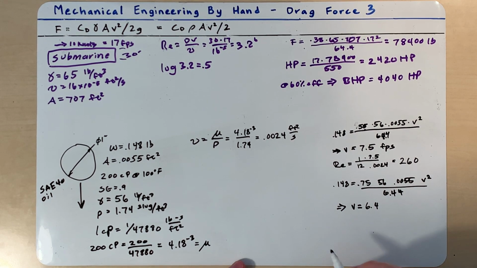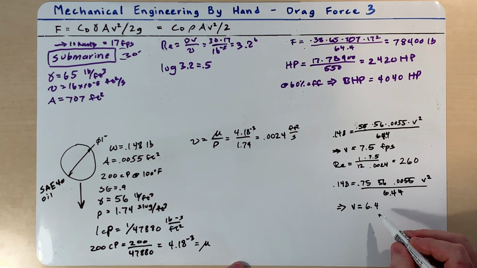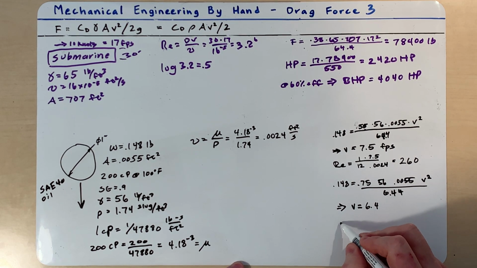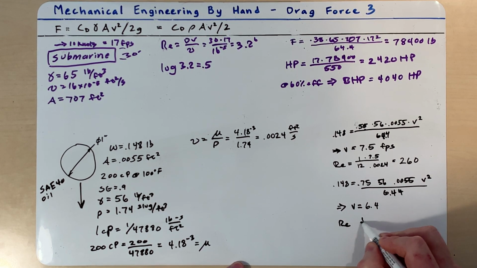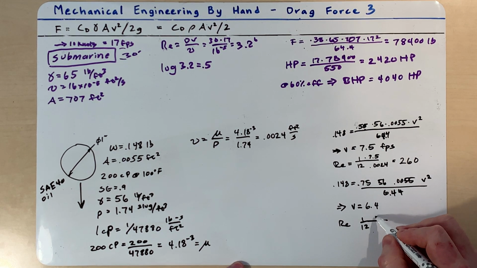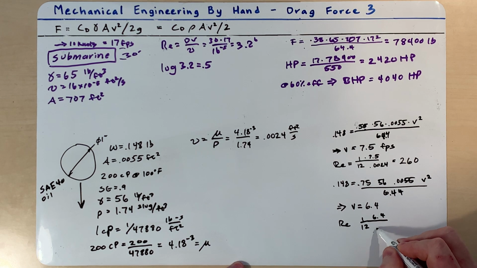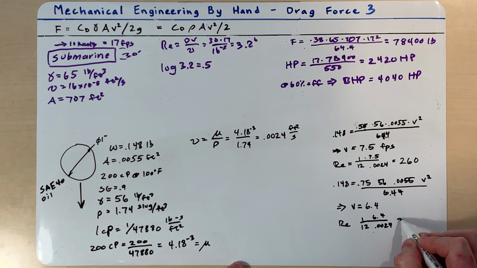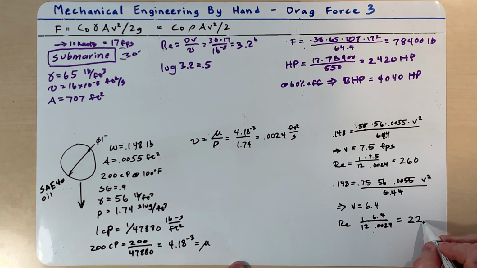Then we'll recalculate the Reynolds number to see if it's close to 260. So 1 over 12 times velocity over the kinematic viscosity, and that equals 222.